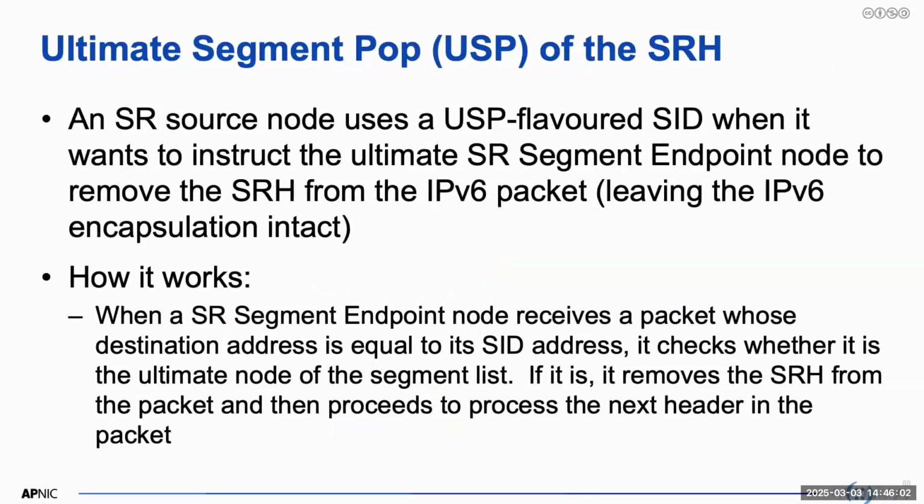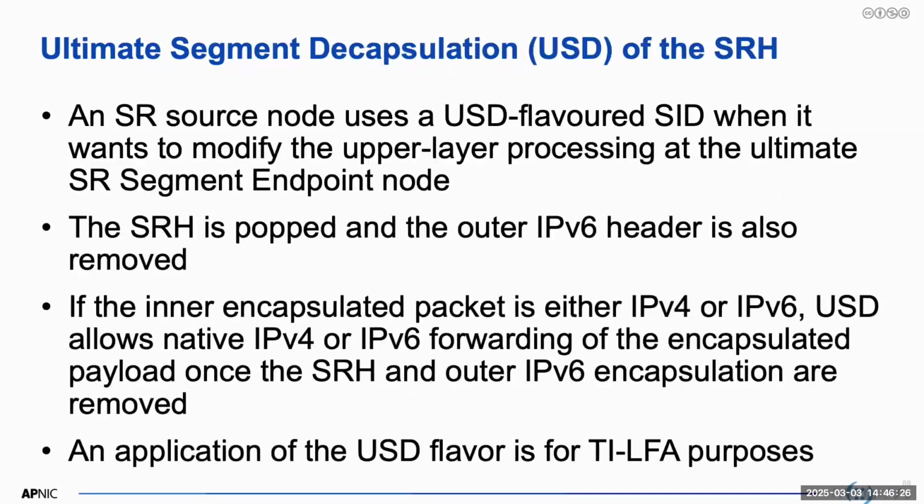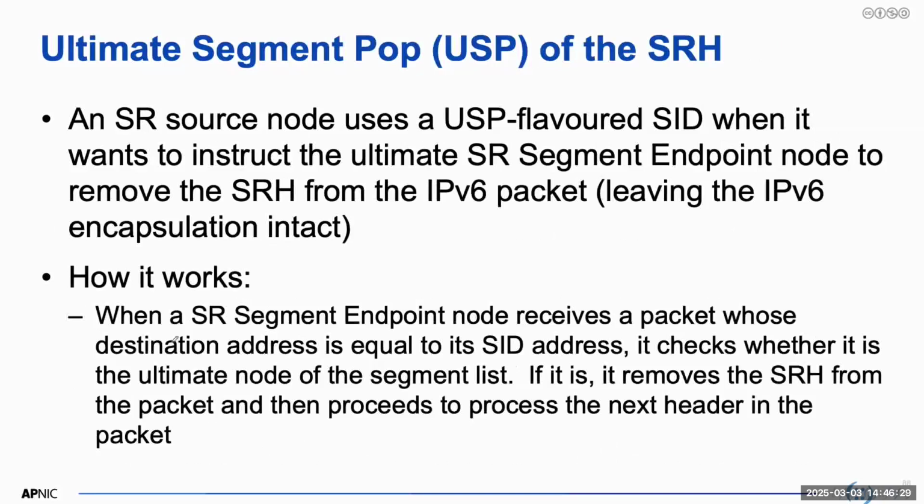The USP is another endpoint behavior, and in this case, the source node uses the USP flavor when it wants to tell the ultimate node to remove the segment routing header from the IPv6 packet and leave the IPv6 packet intact. So let's see how it actually works in this case.